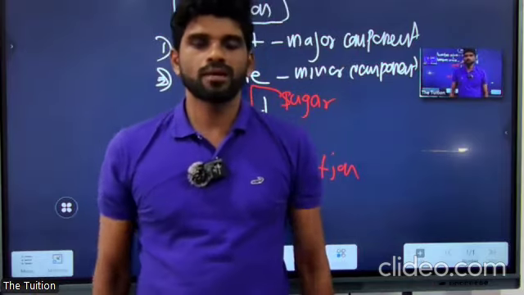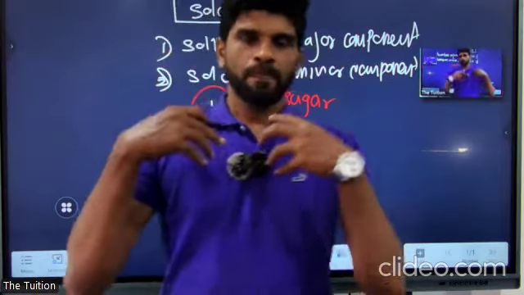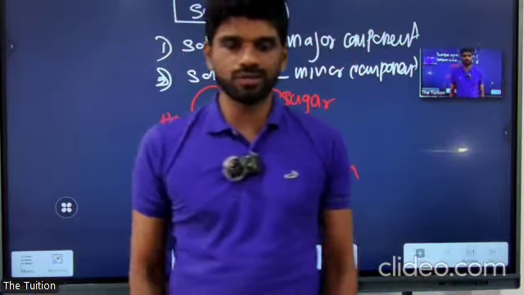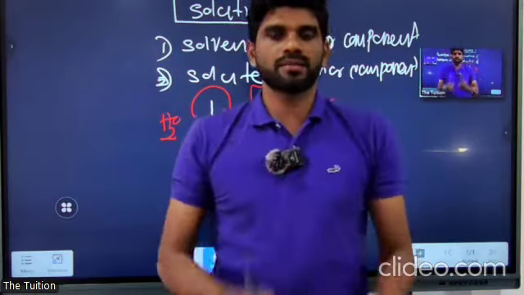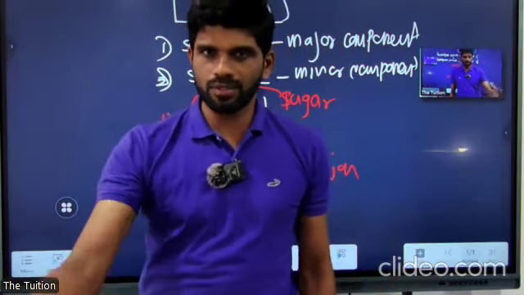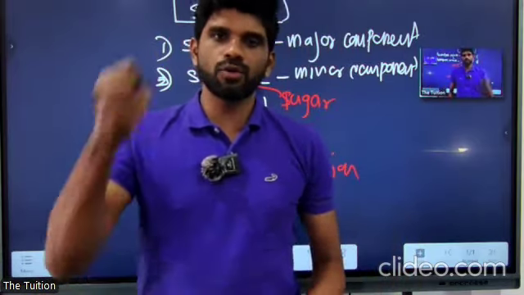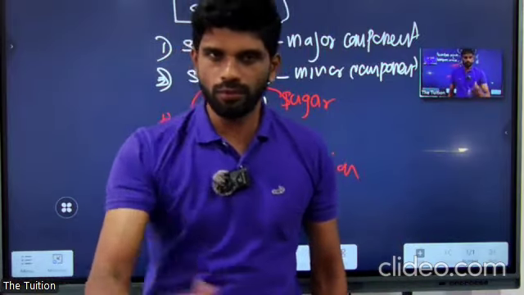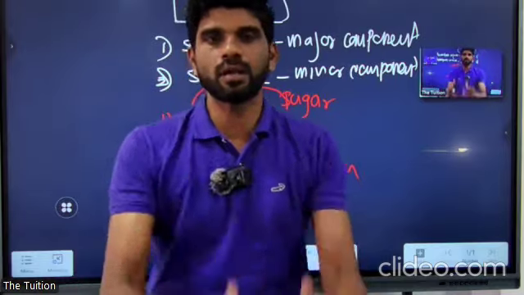So when you are going to make a salt solution, you have table salt in your house. You take some amount of table salt and you mix with water. What's the major component? Water is the major component.